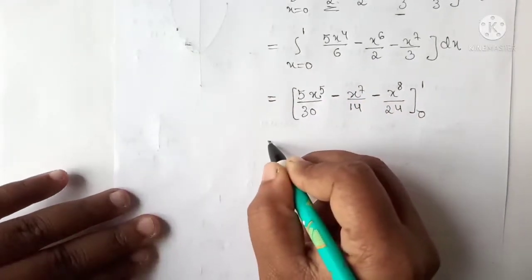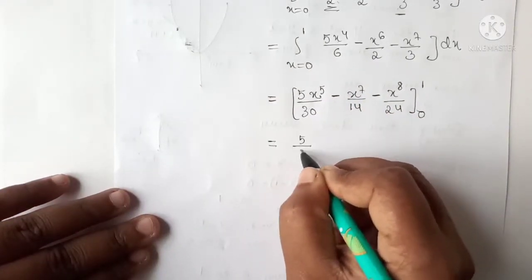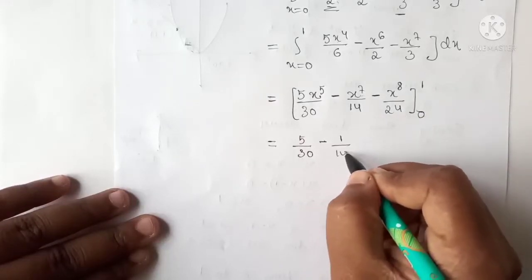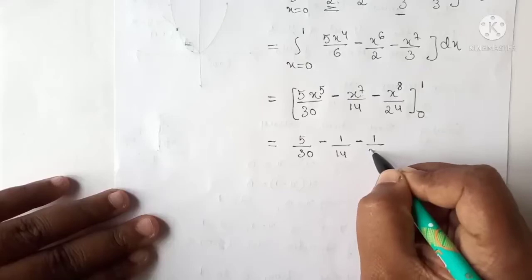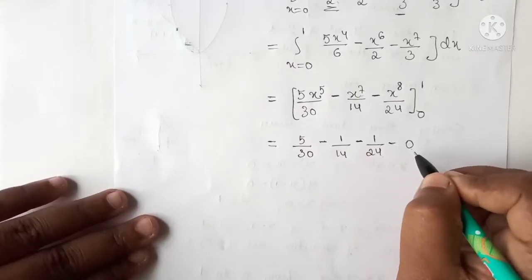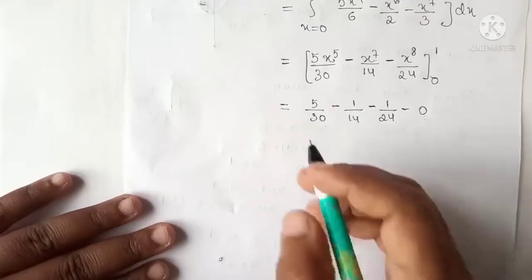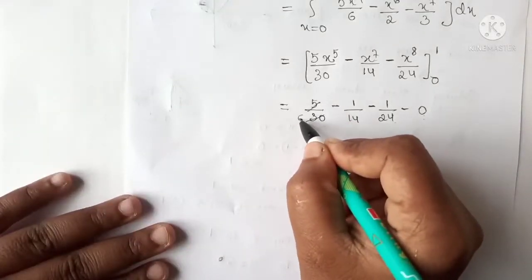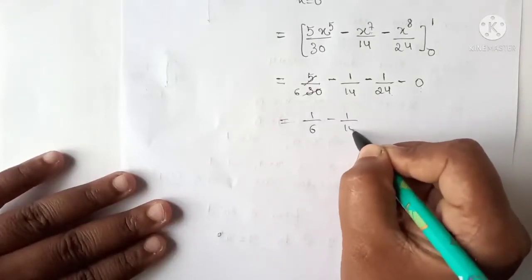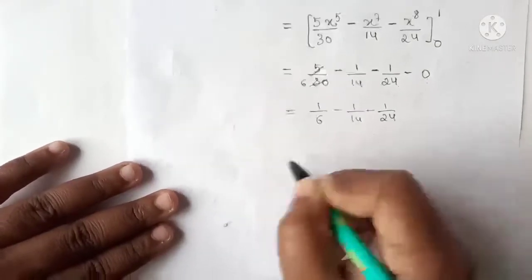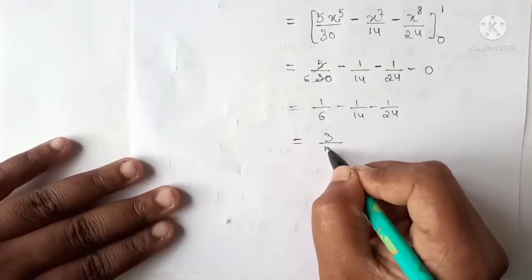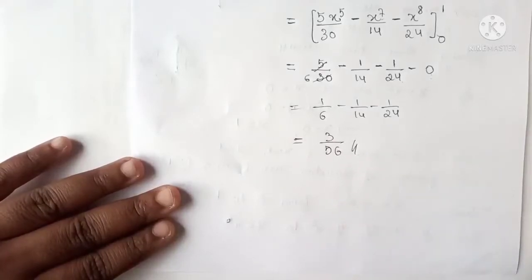So substituting limits we get 5 by 30 minus 1 by 14 minus 1 by 24, and the lower limit is 0. Here we can cancel 5 and 5, so that is 1 by 6 minus 1 by 14 minus 1 by 24. So simplifying all this we get 3 by 56, which is the required answer.